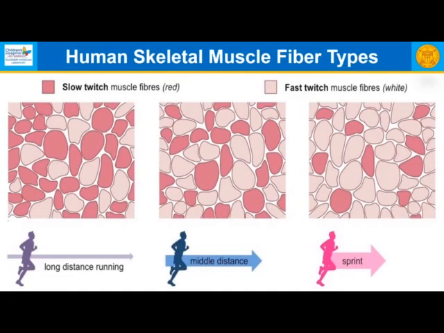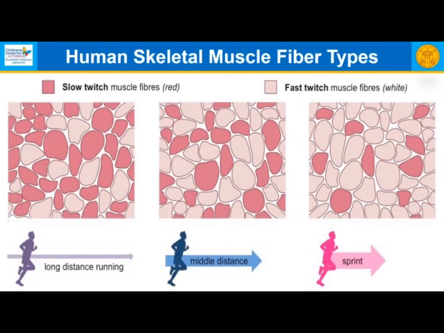Okay, recall that all human skeletal muscle is formed of fiber types, and all muscle has certain percentages of these types. Slow twitch fibers, which are high oxidative and fatigue resistant, would be expected to be seen in muscles requiring endurance.